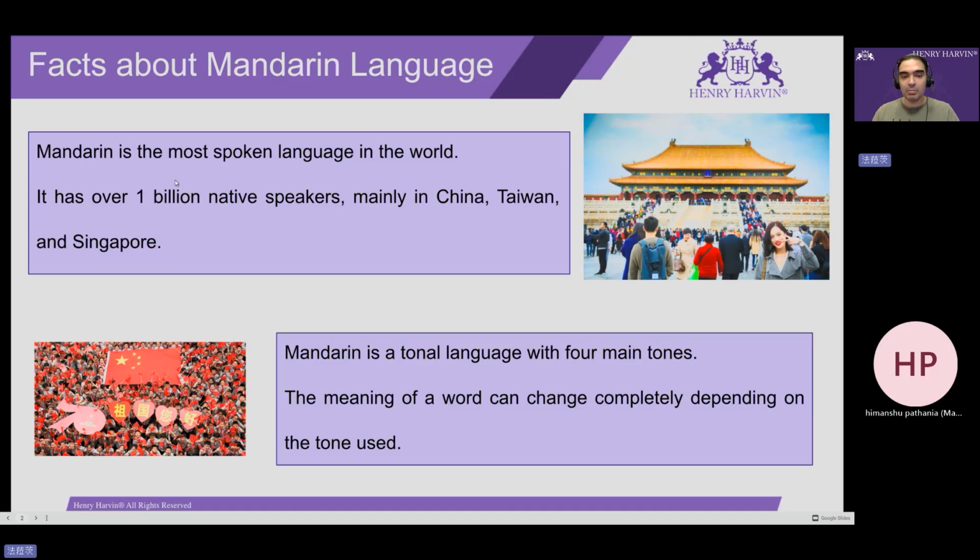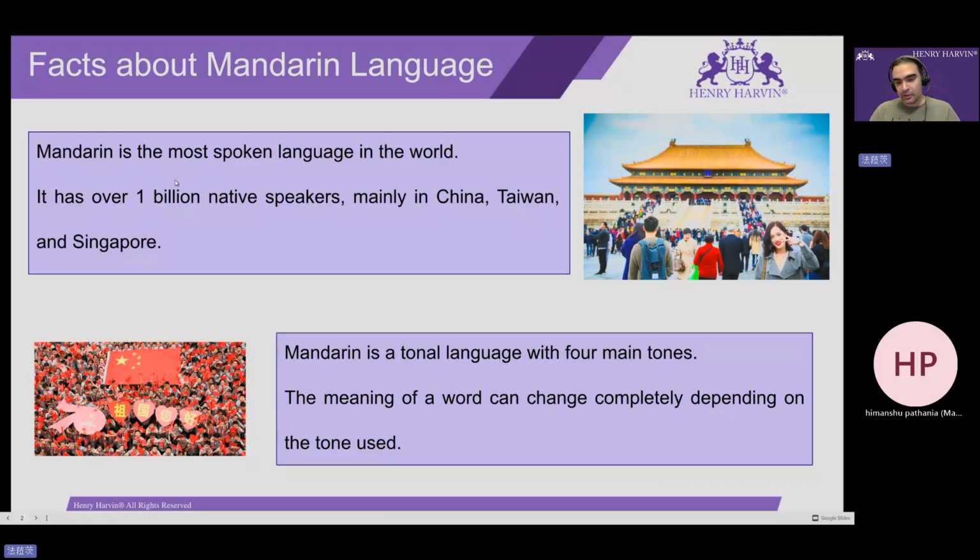Only then can it be used in a perfect way. So generally we consider it a language of four tones, but in reality, if we go deep, it can even use the neutral tone depending on the context, of course.